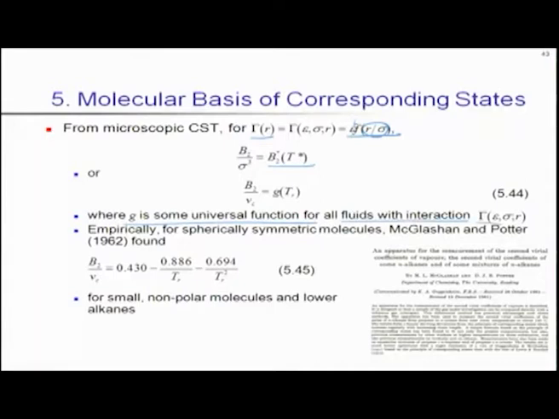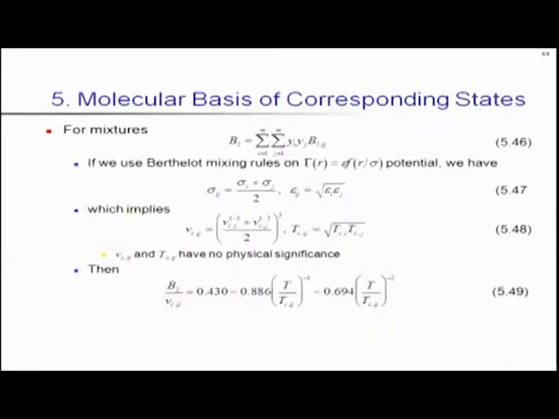Now empirically people have tried to obtain this term in terms of TR. One of those is McGlashan and Potter. They have tried to come up with this expression. This is for small non-polar molecules and lower alkanes. Now this has been extended for mixtures also. For mixtures we have already discussed this.